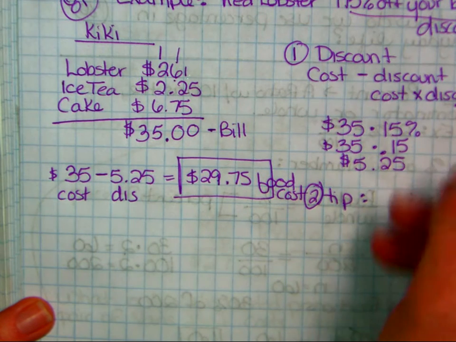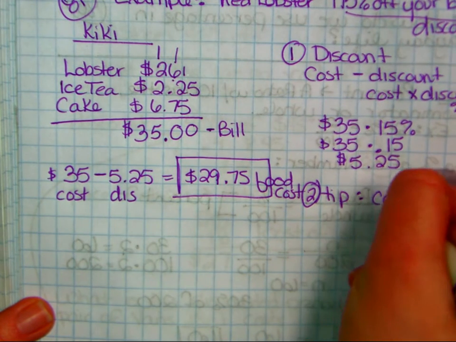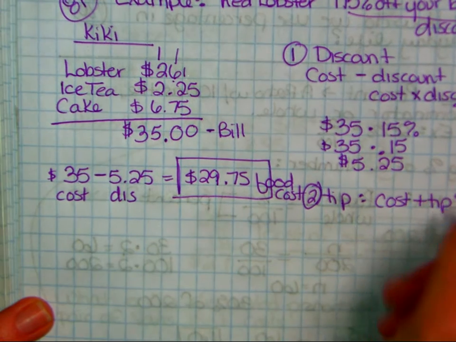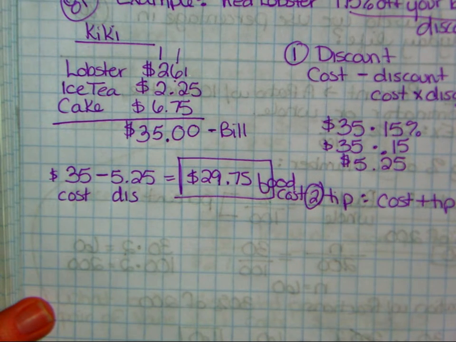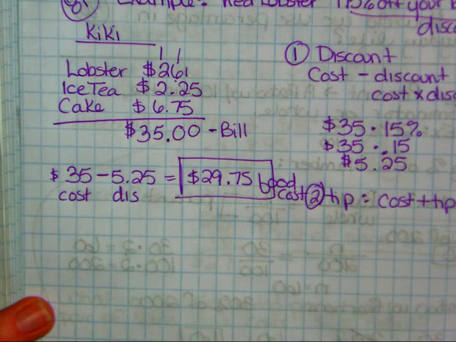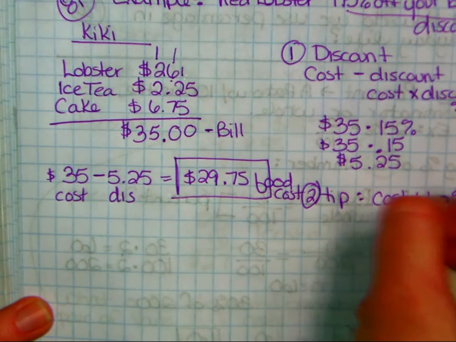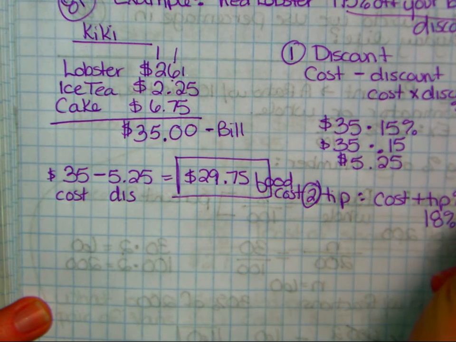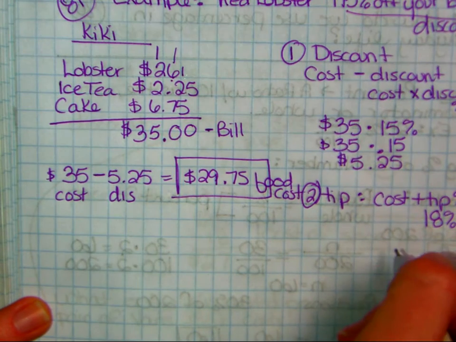So your tip is going to be the cost times the tip percent. So what percent do you want to give your server? 5%. Let's do somewhere between 10 and 20%, understanding that 10 is probably your lowest percent. You don't want to do 5%. That's a pretty shady tip. 18%. Okay. So we're going to do 18% or 0.18. So what is our cost of our food items now, class?